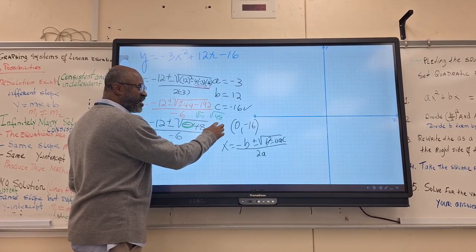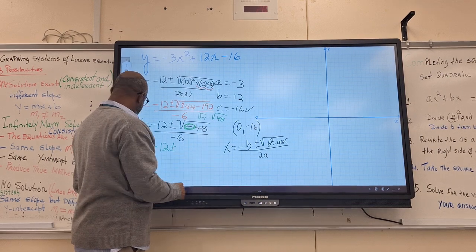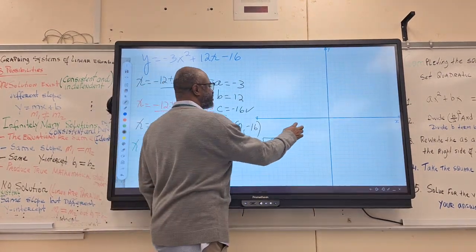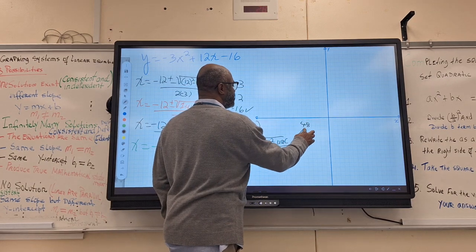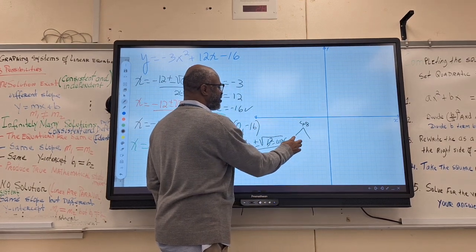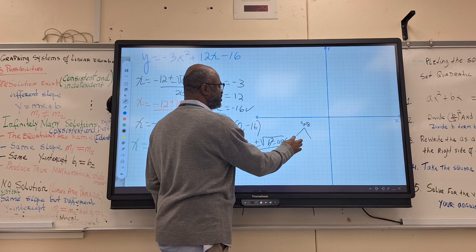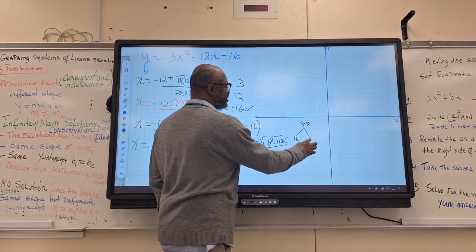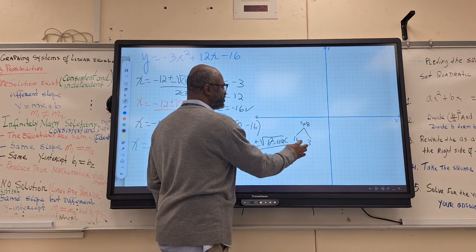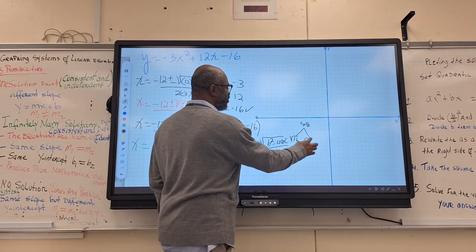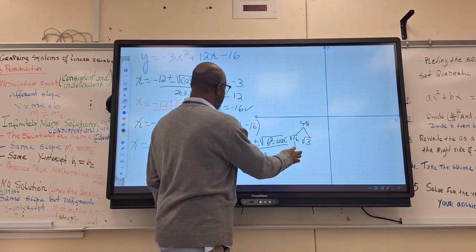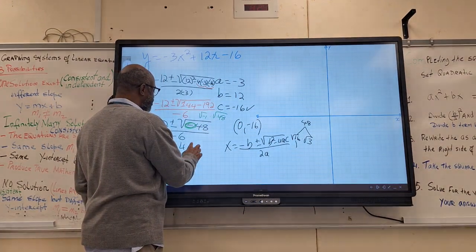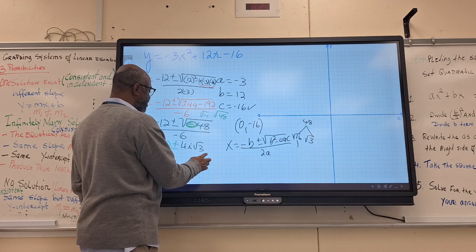For 48, you can use factors. One factor pair of 48 is 16 times 3. Then you take the square root of 16, which gives you 4, times i. So that will give you 4i root of 3. That's what the square root of negative 48 is going to become.